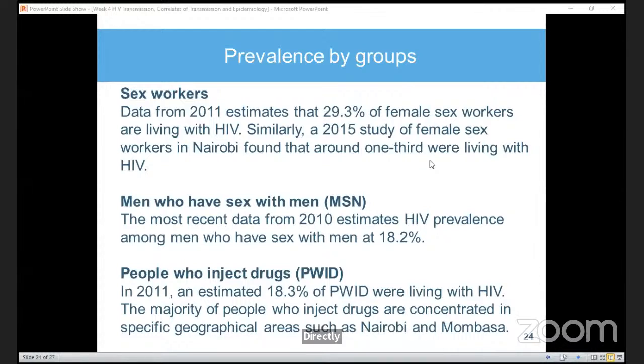Sex workers had the highest estimate rate at 9%, with female sex workers leading in number. Then men who have sex with men, in Kenya. I hope you understand. The homosexuals. It's a common thing these days.